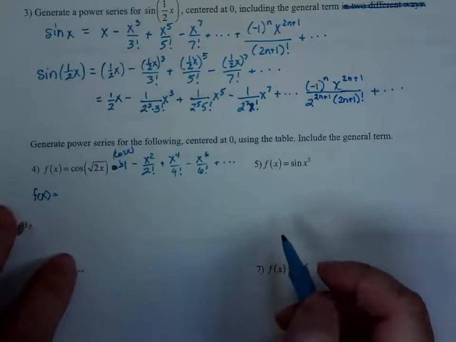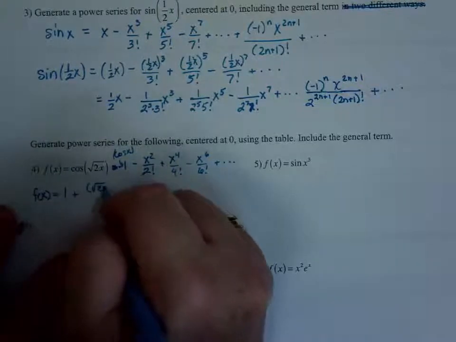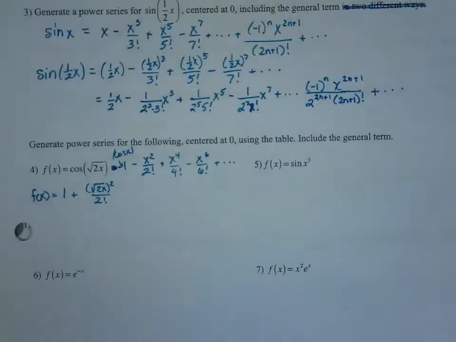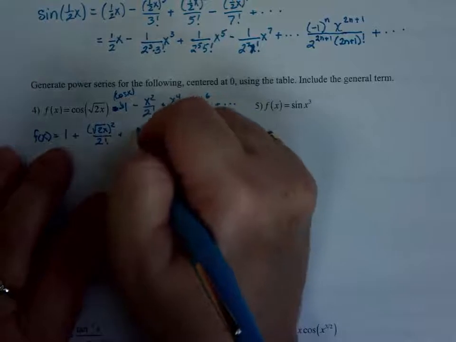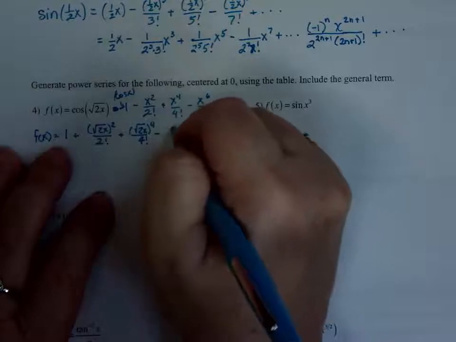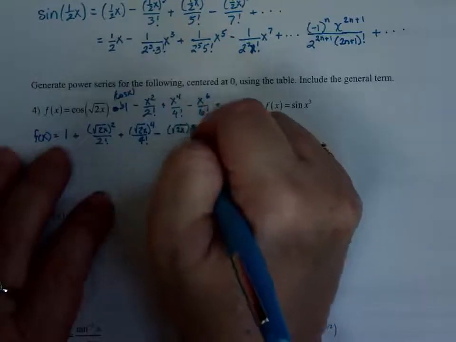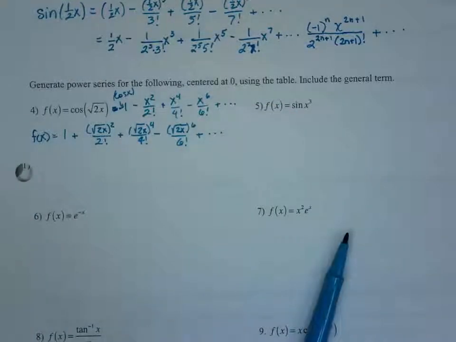So it's going to be 1 plus the square root of 2x squared over 2 factorial plus the square root of 2x to the 4th over 4 factorial minus the square root of 2x to the 6th over 6 factorial plus dot dot dot. Notice what's in the parentheses with cosine: square root of 2x. The one we were given on the flip chart is cosine of x. So I'm taking all the x's and replacing them with the square root of 2x.